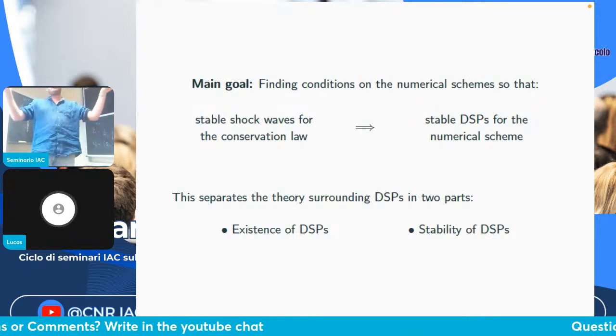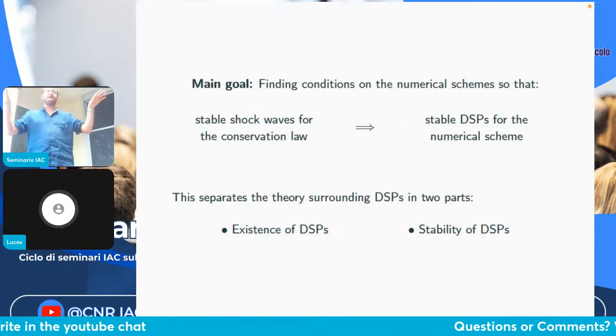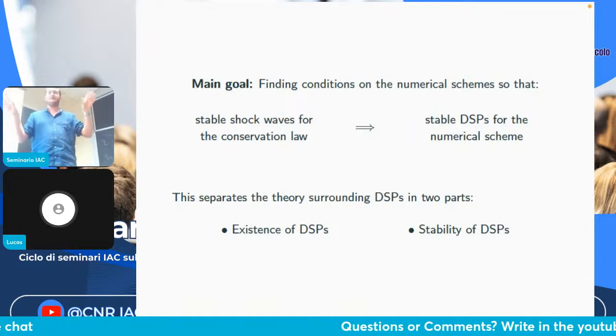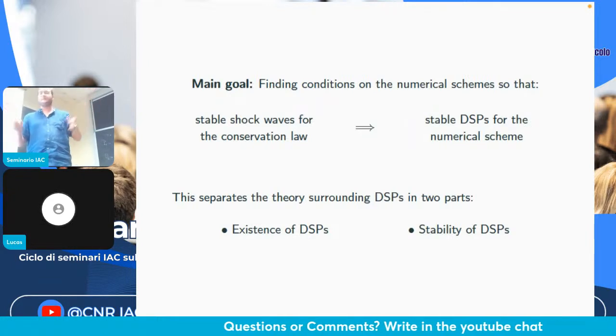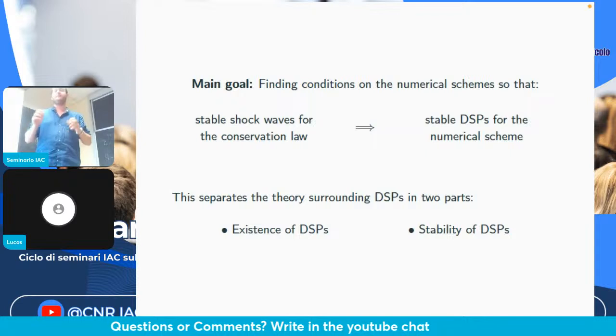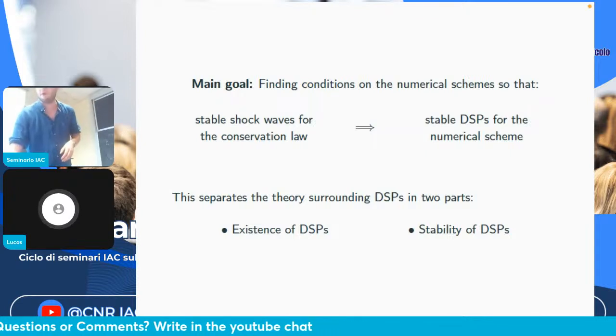This creates two fields of research. The first one is the existence of those discrete shock profiles, and the second one is the stability of them. So I will talk about the second one, but let's talk a little bit about existence.